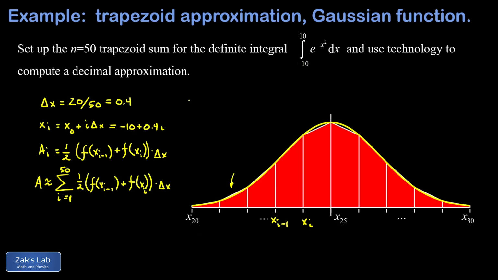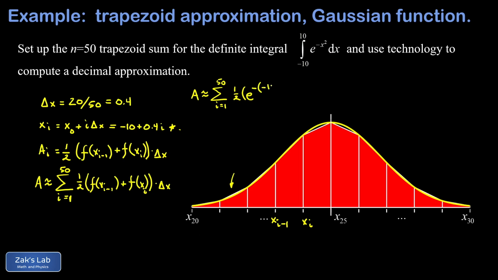Now all we have to do is sub in our function f of x, and that's e to the negative x squared, and evaluate that at xi and xi minus 1. And those are given by this expression we wrote down for xi. So to get xi minus 1, you just replace I with I minus 1. So we have the sum from 1 to 50 of 1/2 times our function evaluated at xi minus 1. So this is e to the negative xi minus 1 squared.